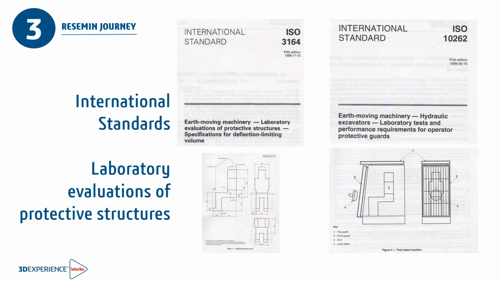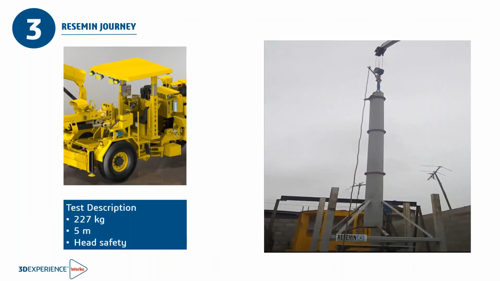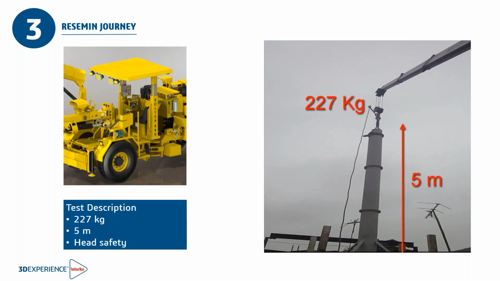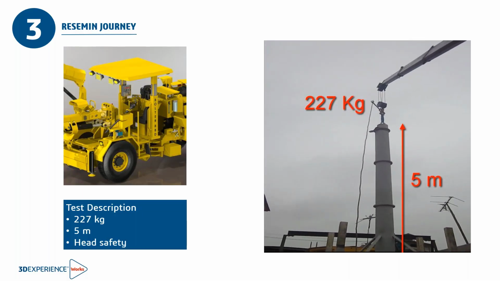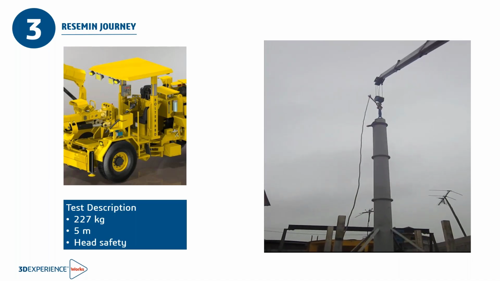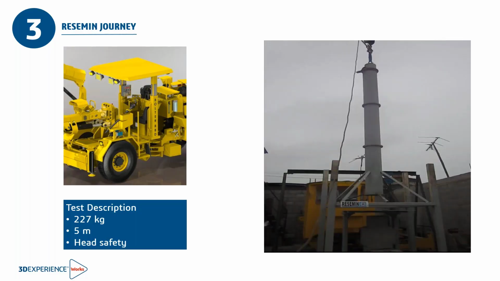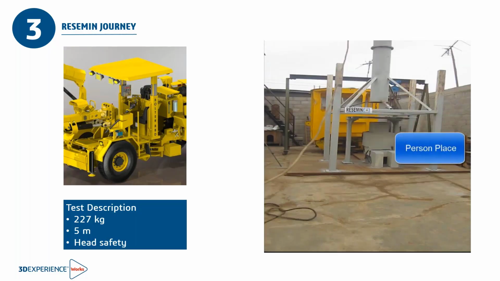Another thing that we talked about was performing a falling object protective structure test, that is FOPS. So how can this be done here? This is a quick example of how this physical testing is done. An object weighing around 227 kg is dropped from a height of 5 meters, to understand whether the roof present at the top of an operator is going to face any particular challenge or not.